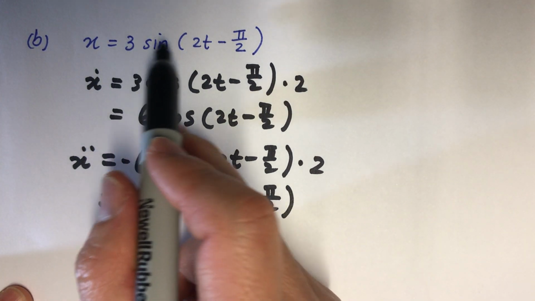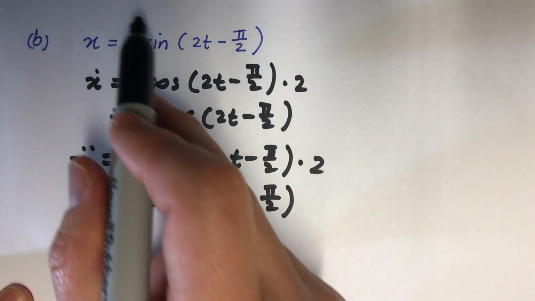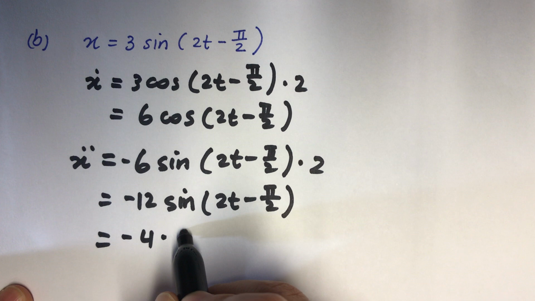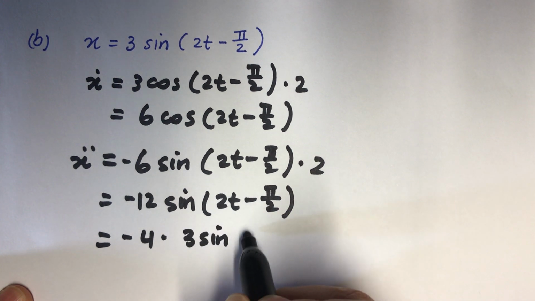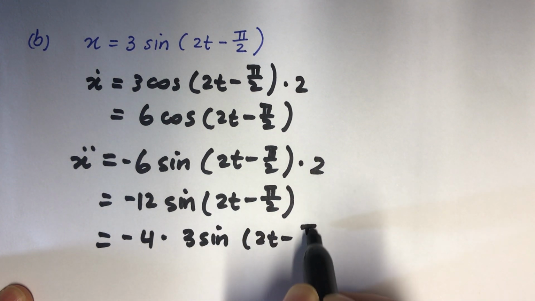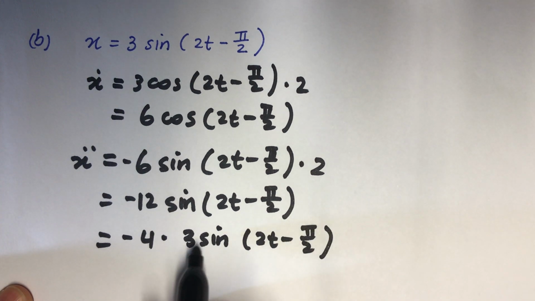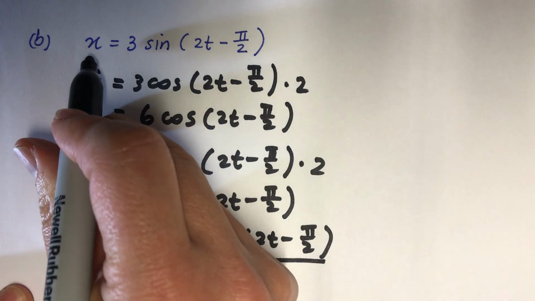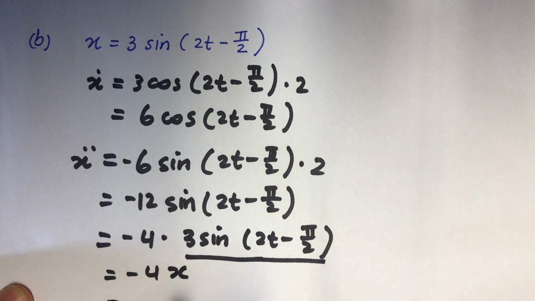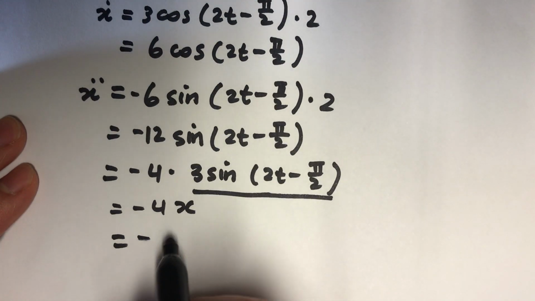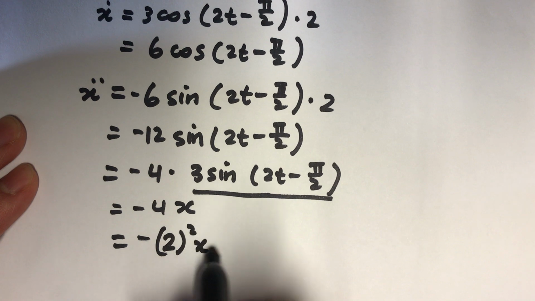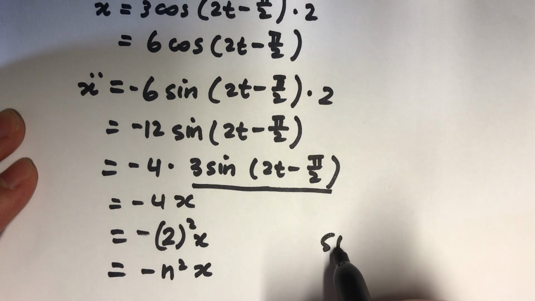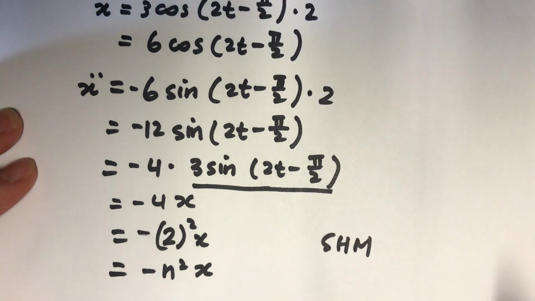Now I need to change this one into something like that. So I'm going to go 4 times 3 sine 2t minus pi over 2. So 4 times 3 is 12. So therefore I can write this one into x, which I can rewrite as 2 squared x, which is the same as that. So therefore this is simple harmonic motion.